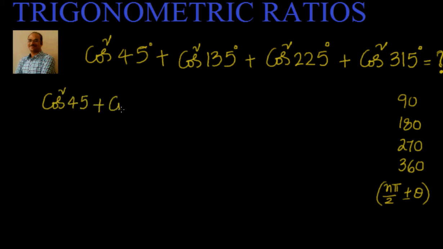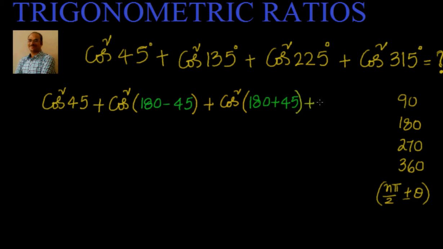Then cos square 135, I can write it as 180 minus 45, plus cos square 225 as 180 plus 45, plus cos square 315, I can write it as 360 minus 45.